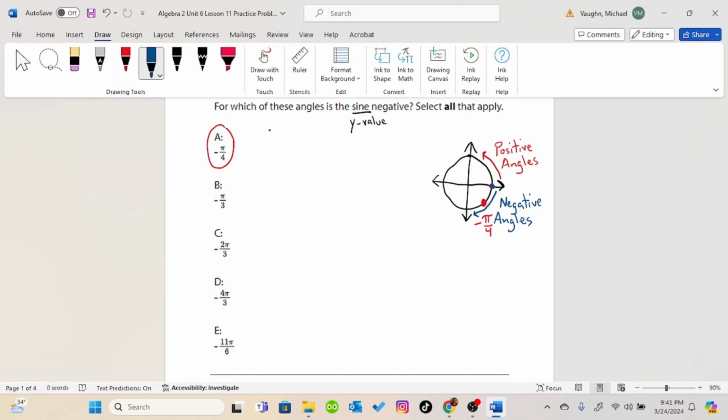The next one, B, is negative pi over 3. So this is going to be 1/3 of the way to the halfway point on the bottom half. So it's going to be right next to negative pi over 4. And we have negative pi over 3. So B is also a negative sine because the y value is negative, down in quadrant 4.